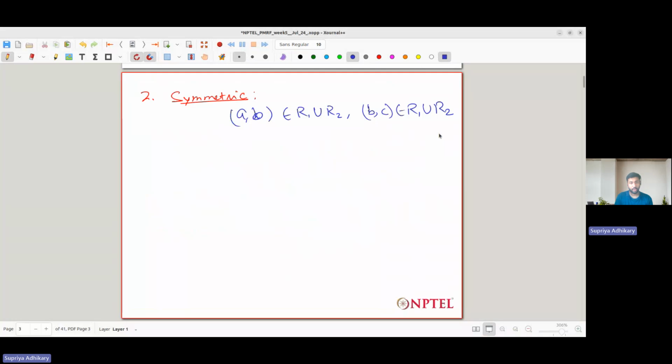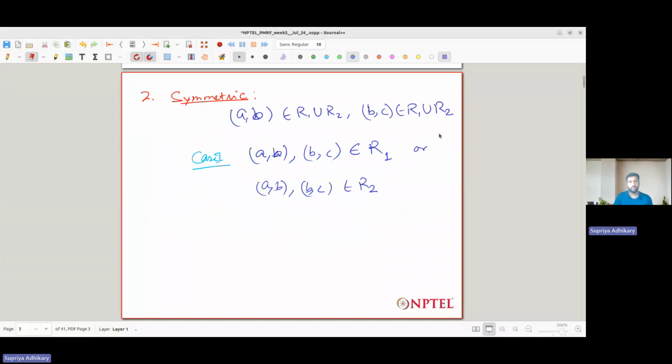Now to prove this, there are three cases. The first case is that (a, b) and (b, c) both belong to R1 or they both belong to R2, so any one of them.